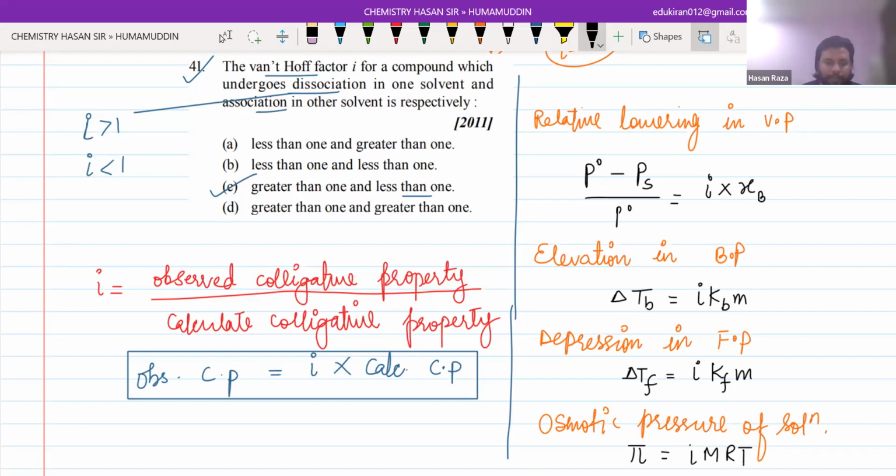Let me know when you are done with this. Can you change this?